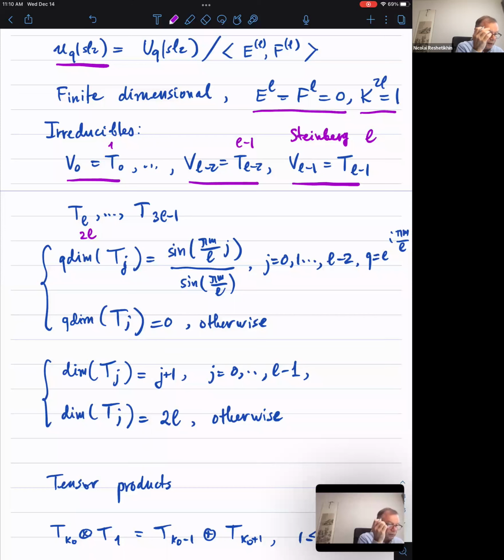So now we have a choice of also quantum dimensions. But quantum dimensions, this is a little bit boring in the sense that quantum dimensions are zeros for all tilting modules. This is why I didn't even discuss this for large quantum SL2.